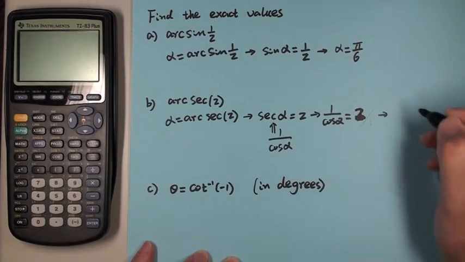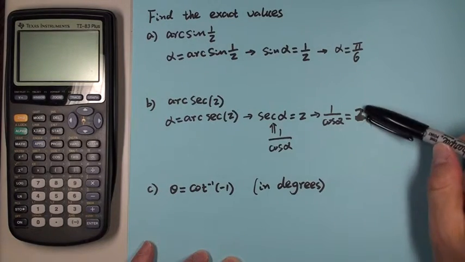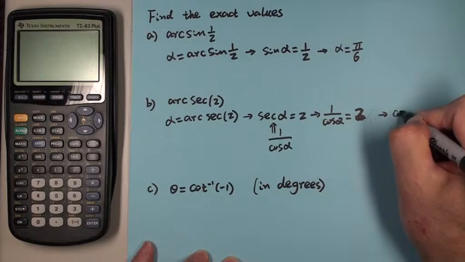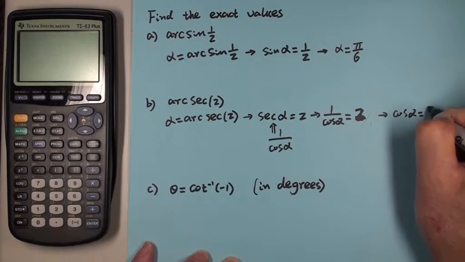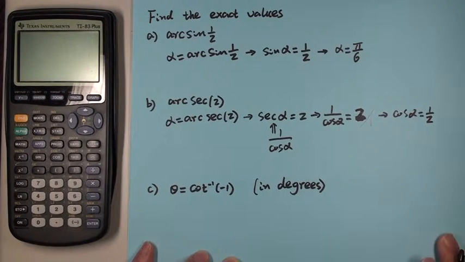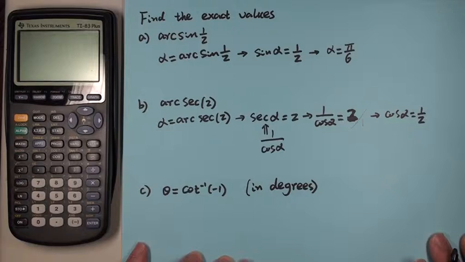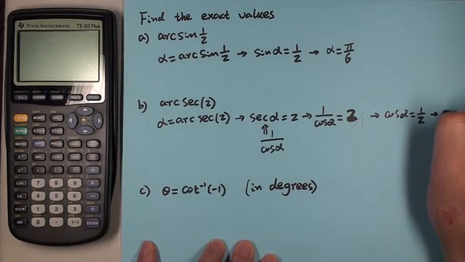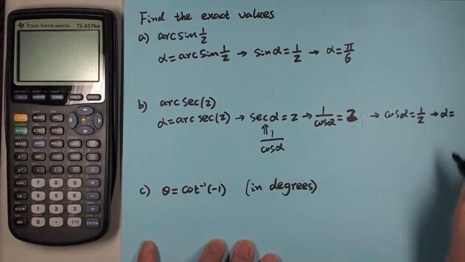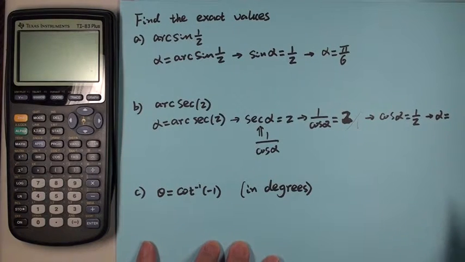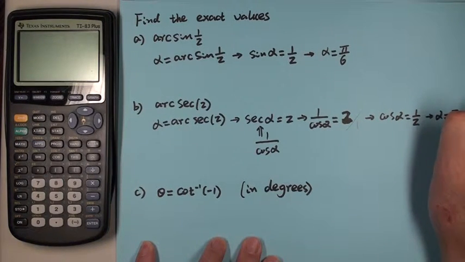So you flip both numerator and denominator concurrently, and you will have cosine alpha is 1/2. Then you know alpha will be 60 degrees, and in this case 60 degrees is pi over 3.